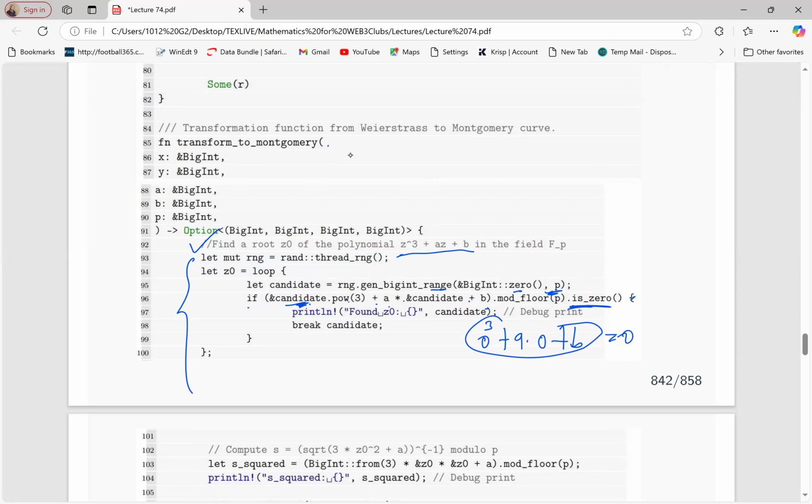But if the value is not 0, you try another candidate. You try now 1, and see whether you get 0.